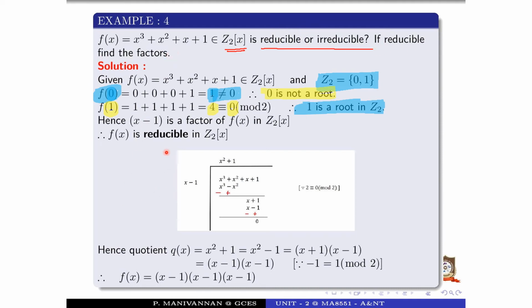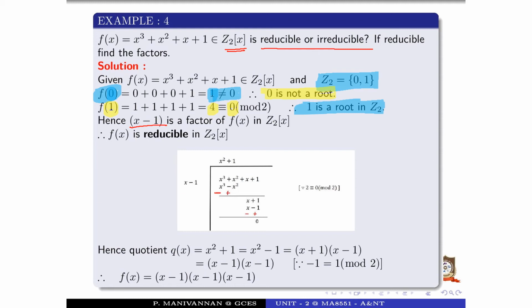Find the factors. We know that here x minus 1 is a factor. So we divide this given polynomial by x minus 1. We get here x squared. Multiply by x minus 1, we get x cube minus x squared.